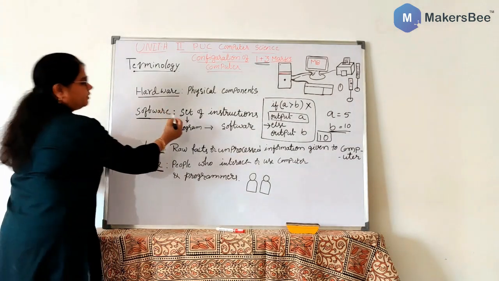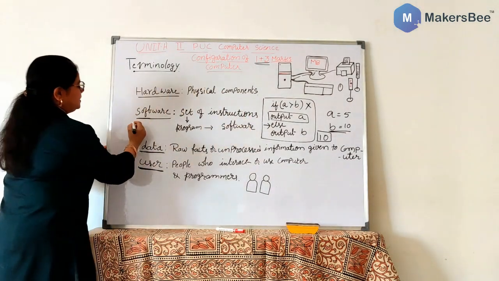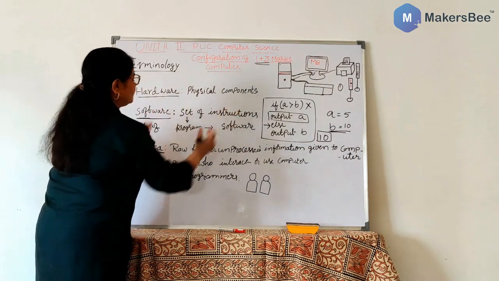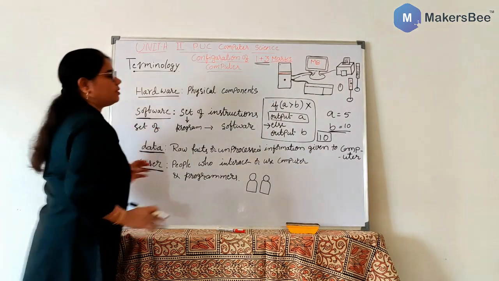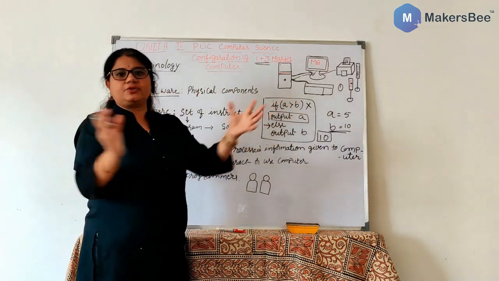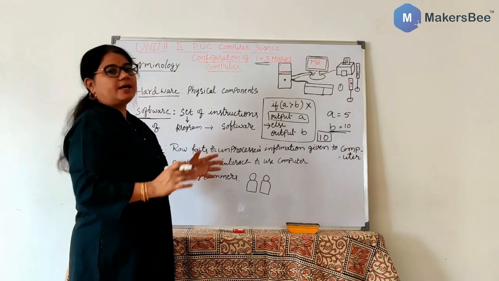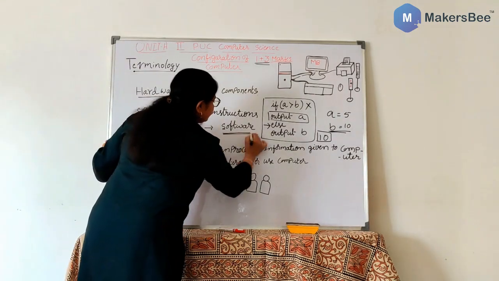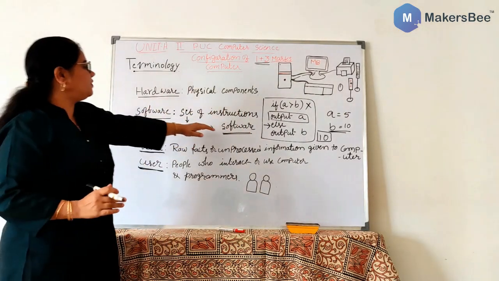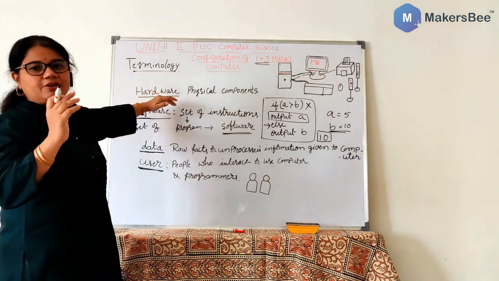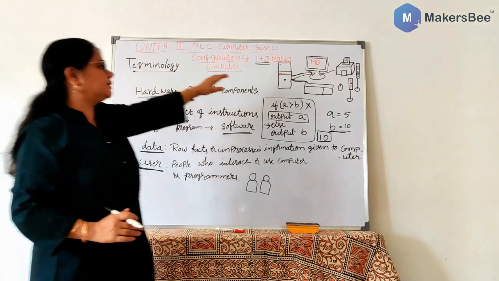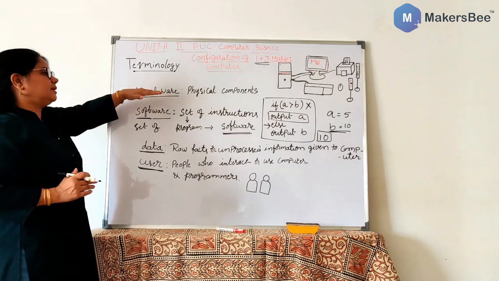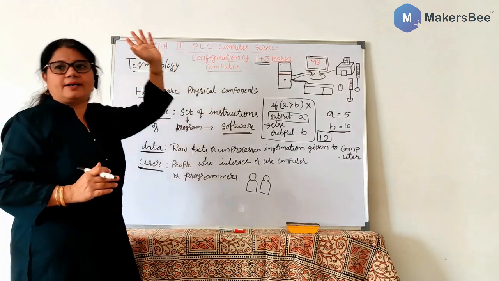So a set of instructions forms a program, because so many instructions get together to form a program, and so many programs get together to form software. Imagine software as the brain of the computer and hardware as the organs of the computer. So the software tells the hardware what to do and how to do.